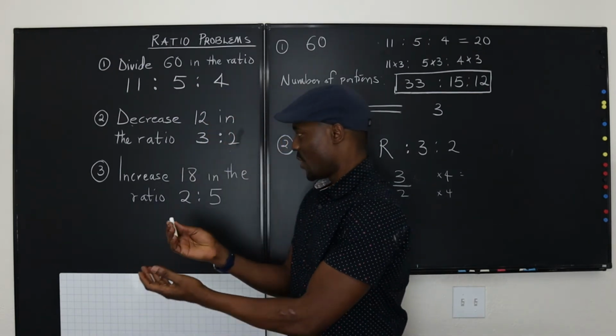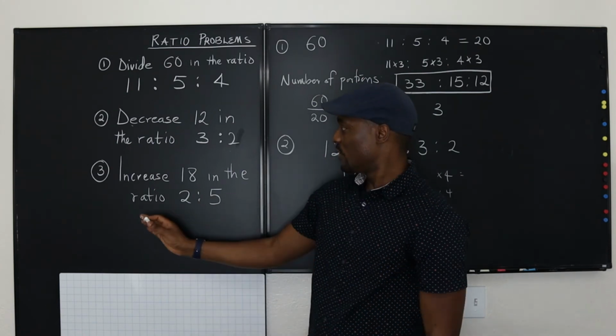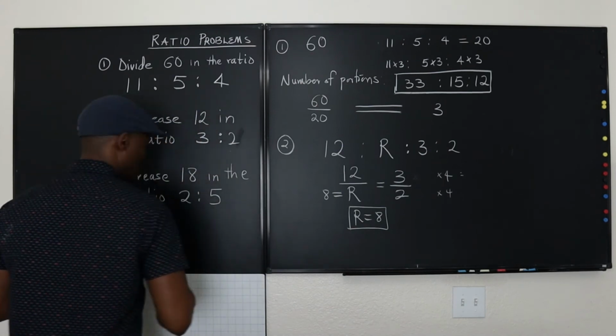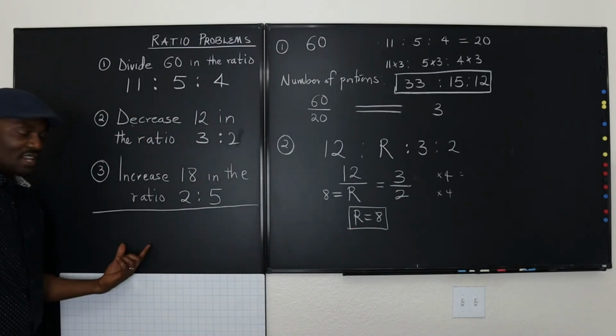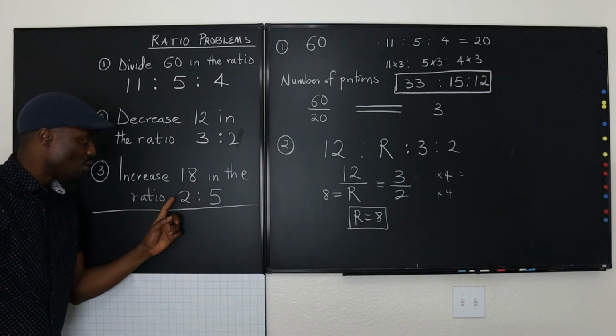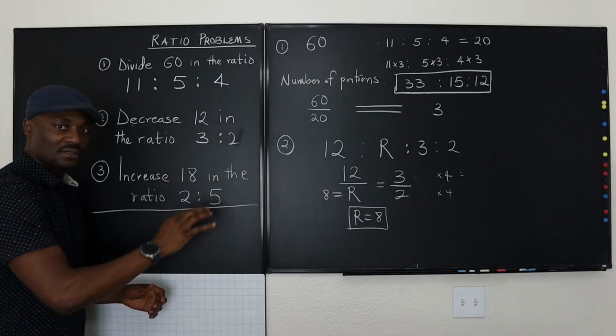Except that we just have to apply the same principle here. Now that I've explained here, we're just going to do it here. So let's solve this final question, number 3. We're going to increase 18 in the ratio 2 to 5. Look at the word increase.